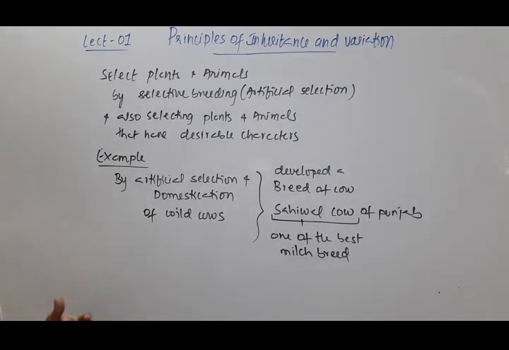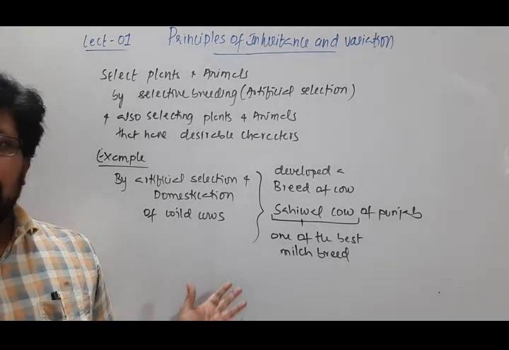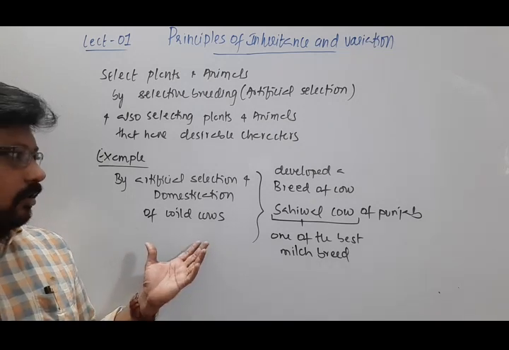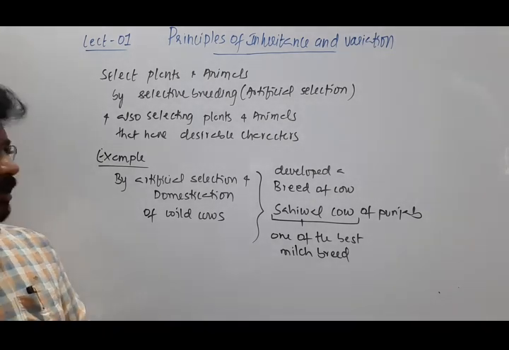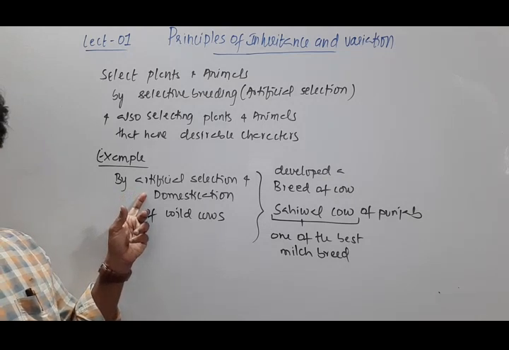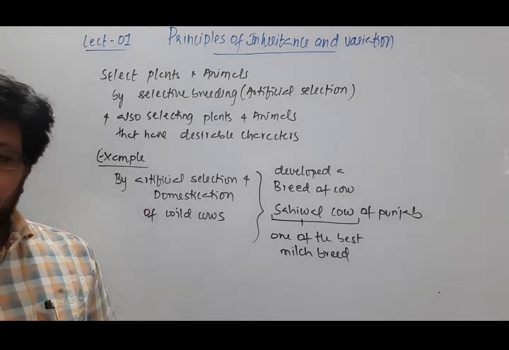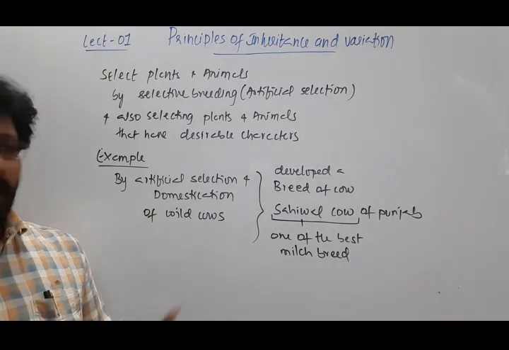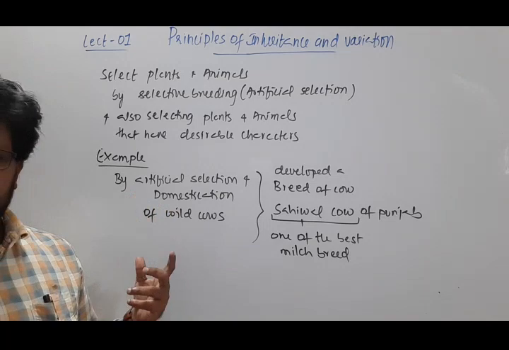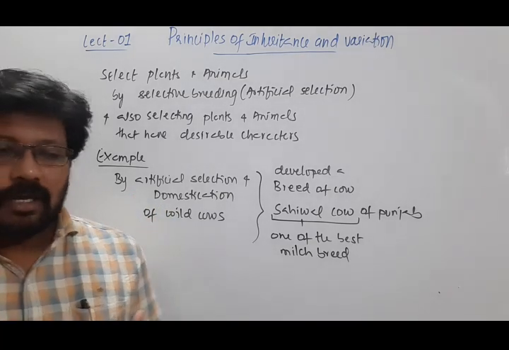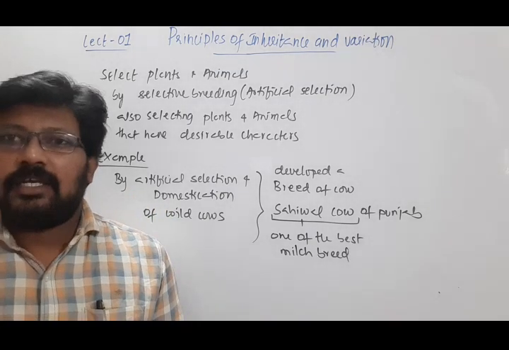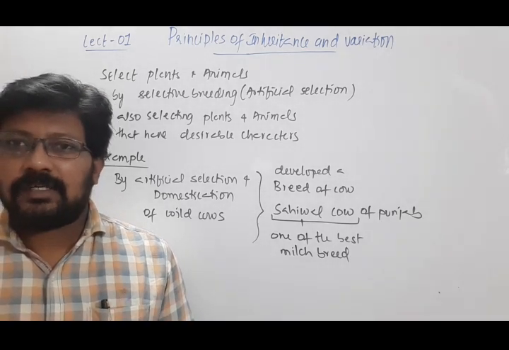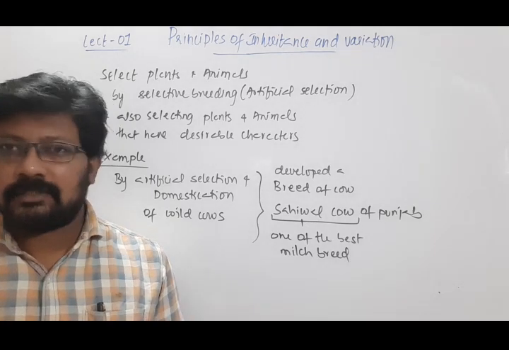And not only in this case, we have developed so many types of animals and also plants by using artificial selection and domestication. Even the different types of dogs we see are also by artificial selection and domestication. Even in horses, we can see there are types of horses, the best horses used in racing and for other purposes.